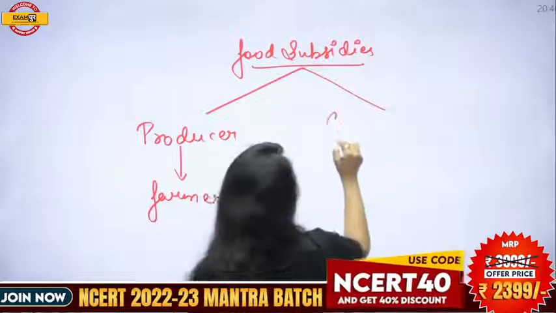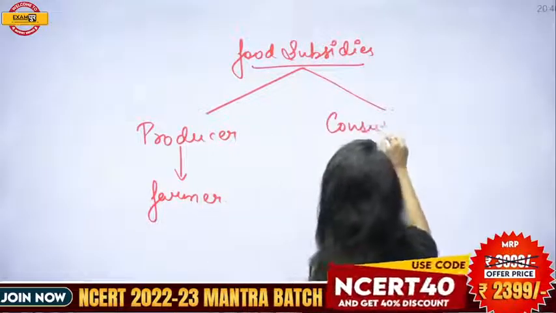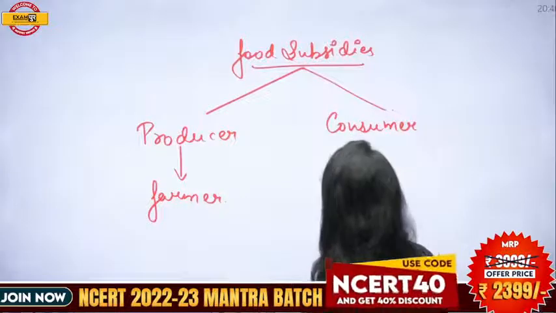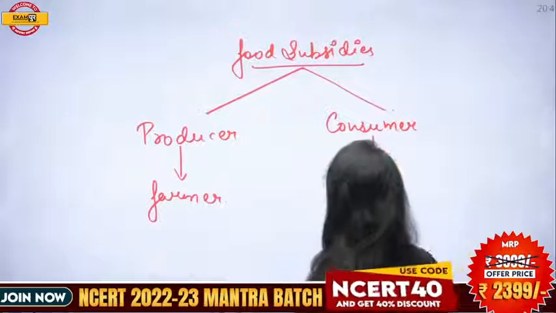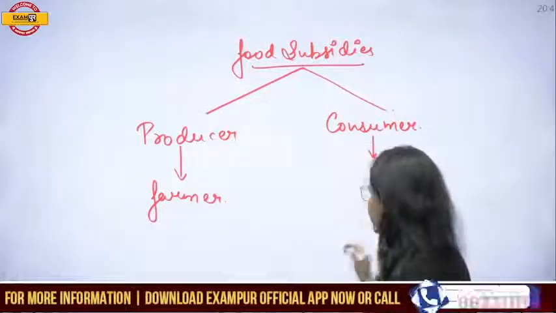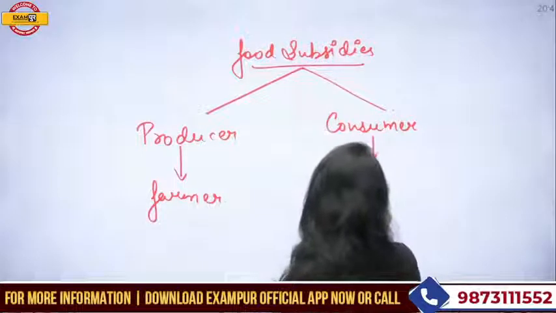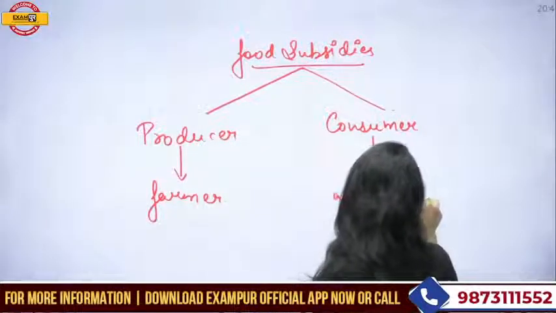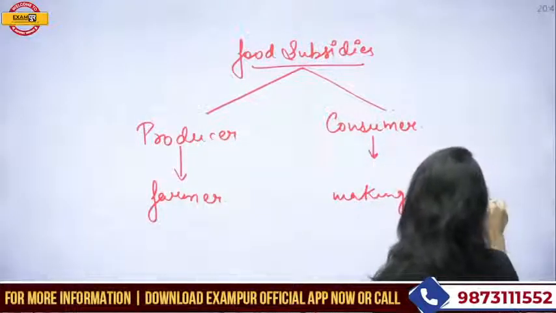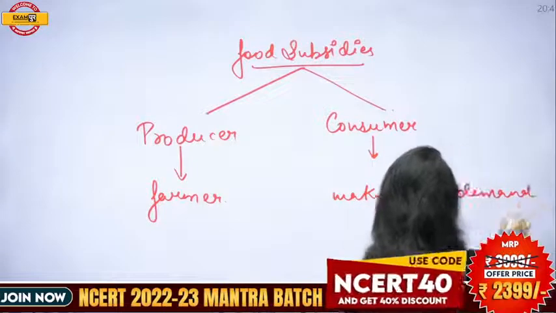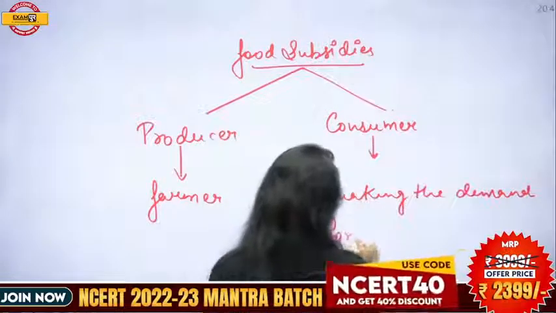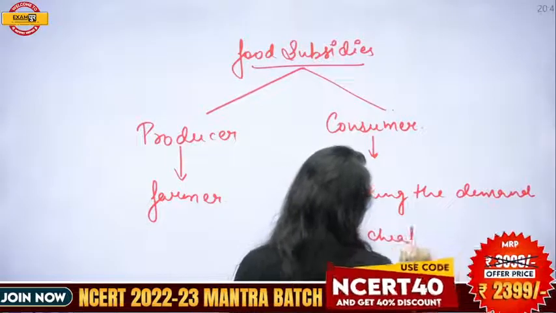And second is consumers. Consumers are all about making the demand for cheaper food grain.